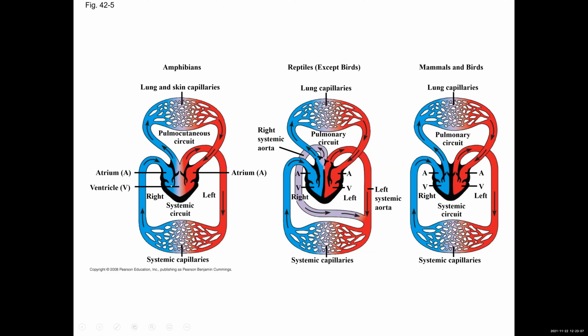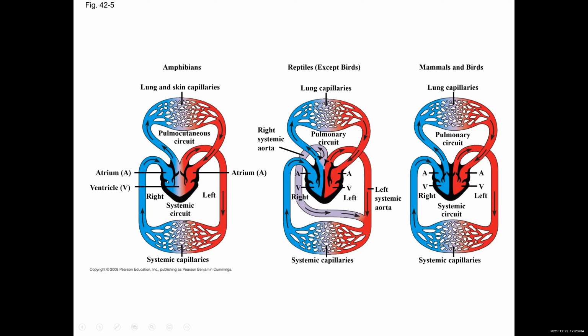So we have this mixture of oxygenated and deoxygenated blood that when this ventricle contracts, it gets pumped both to the pulmocutaneous circuit to get more oxygen from the lungs and skin, and it gets pumped to the body, right? So this is showing it as being red, this direction, and blue, that direction.